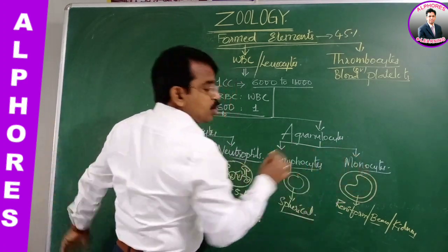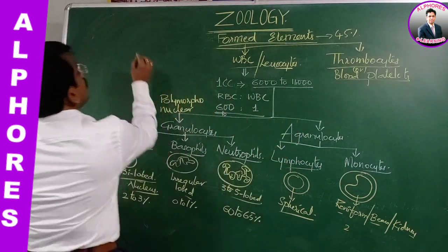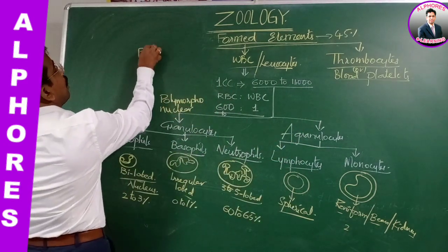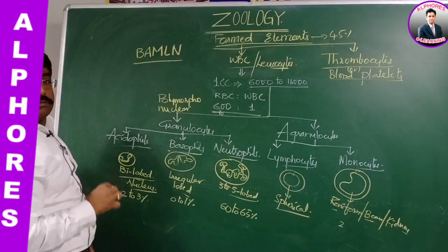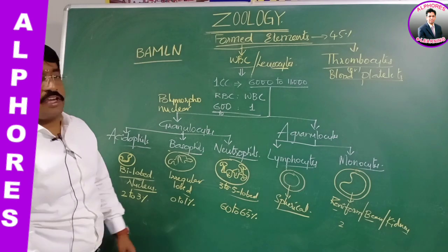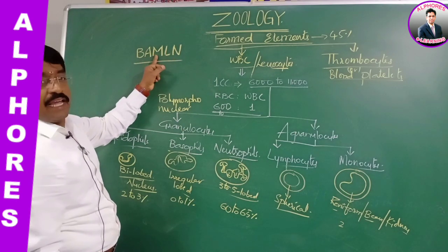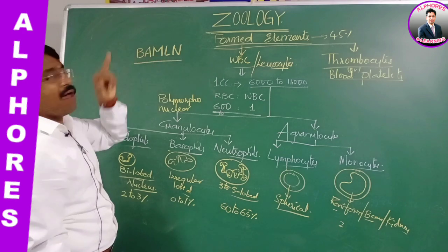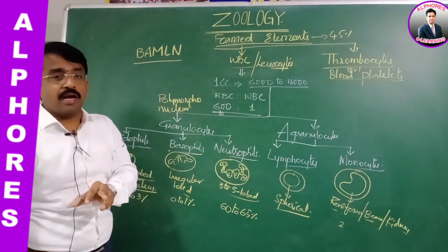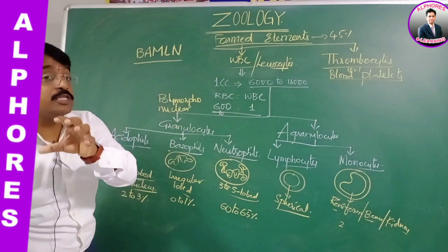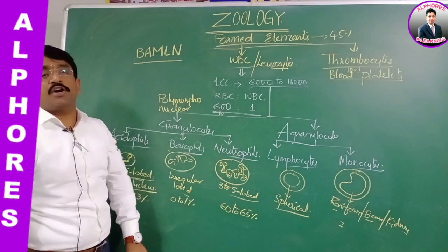Lymphocytes, monocytes. Generally a mnemonic is there: Bamlan, RLs. A statement I'll say, keep in mind: never let monkey eat or ate banana. See the terminology what I am saying. This is in order to keep in mind the ascending and descending order.